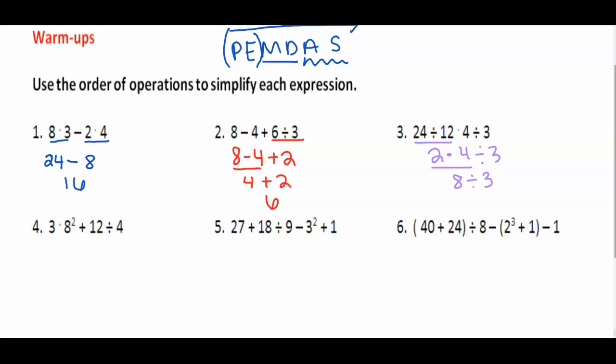And 8 divided by 3, you could leave it as a fraction of 8/3. Or you can write it out for me as a decimal. But because 8/3 is repeating, you want to make sure you put 2.6 and you need to have a repeating bar above the 6. So if you're going to write it as a decimal, you need to have the repeating bar.